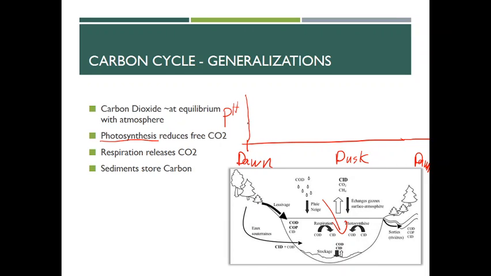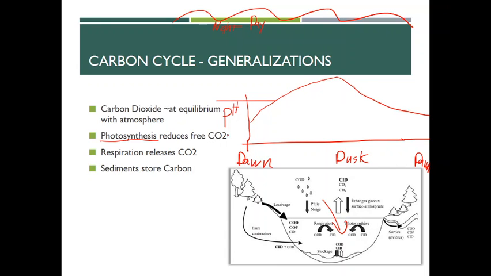pH would start at some number. Doesn't matter really what it starts at, but pH would start to go up throughout the day, and then once you reach dusk, it would start to decrease, and then you'd have this repeated cycle where pH is decreasing at night and increasing during the day.